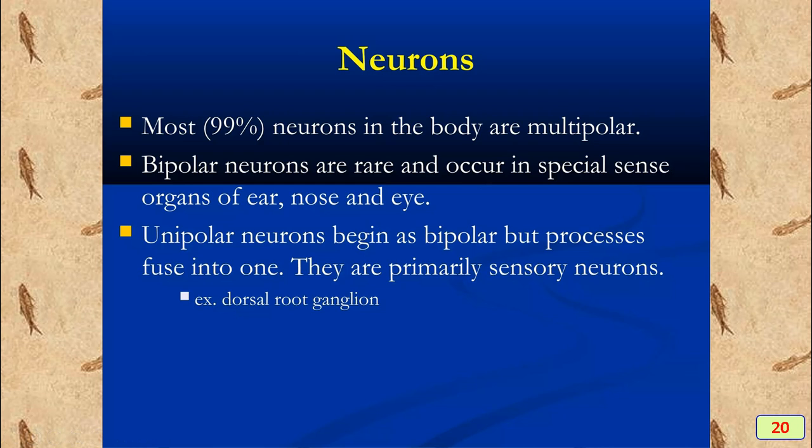Unipolar neurons begin as bipolar but the processes fuse into one, and they are primary sensory neurons, especially the dorsal root ganglia. So what's a dorsal root ganglia? It is the entry of the nerves into the spinal cord.